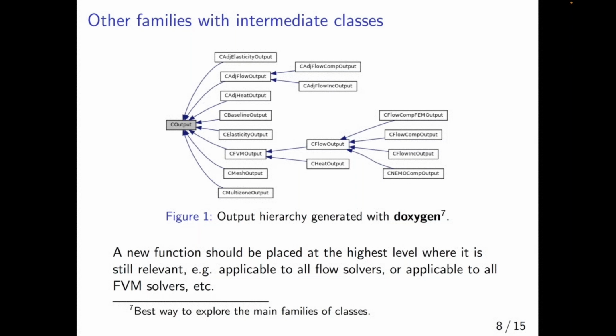And then you have the specialized things for compressible, incompressible, NEMO, which has other outputs for temperature and for the different mass fractions of the gas components, and the high order solver. And here the main difference is not just the type of variables, it is also to some extent how those variables are accessed.